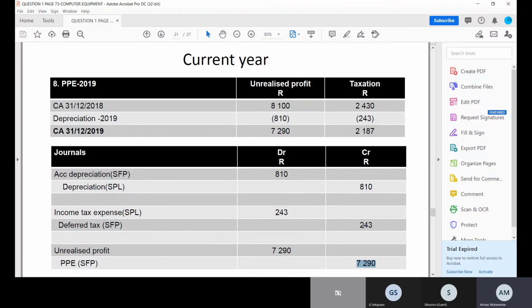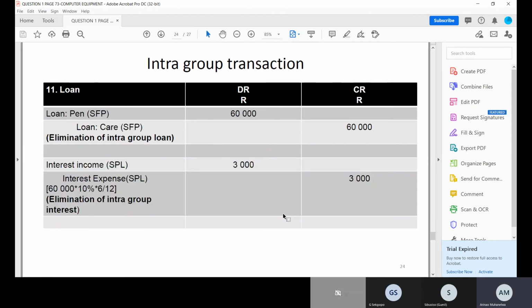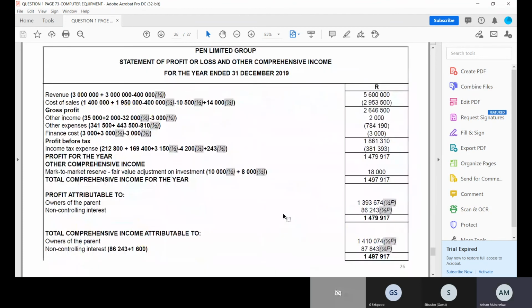So what I'm expecting is that if I go to my statement of other comprehensive income under other expenses, 810 must be subtracted. And if I go to income tax expense, it must be added by 243. Let's check that. If I come here, other expenses, 810, that is the depreciation for the current year.